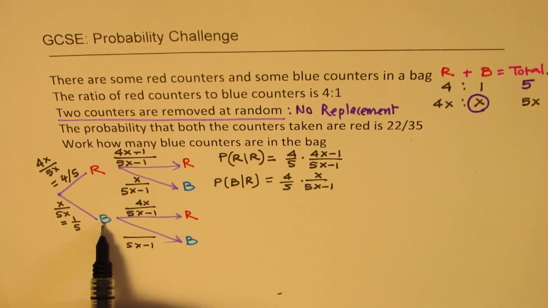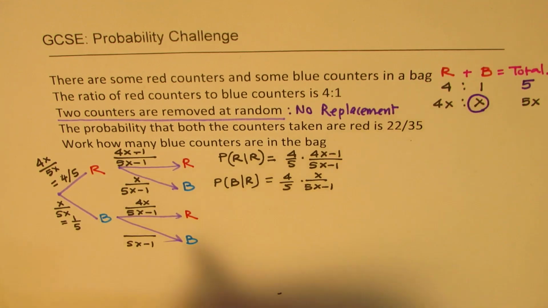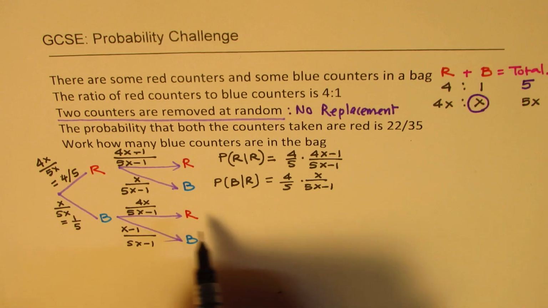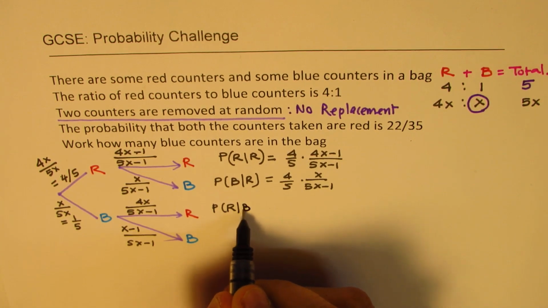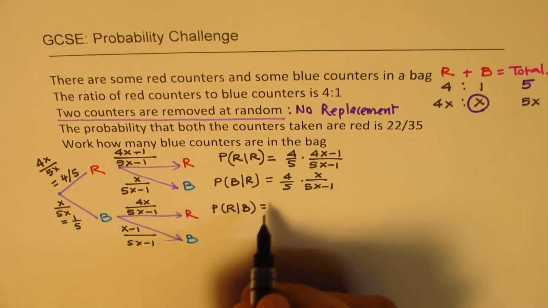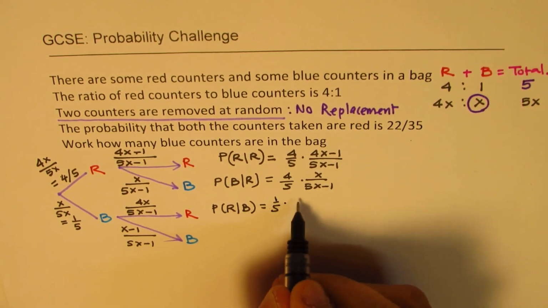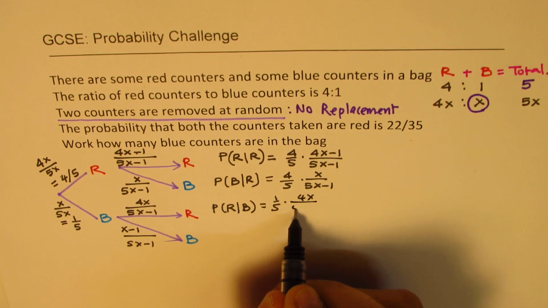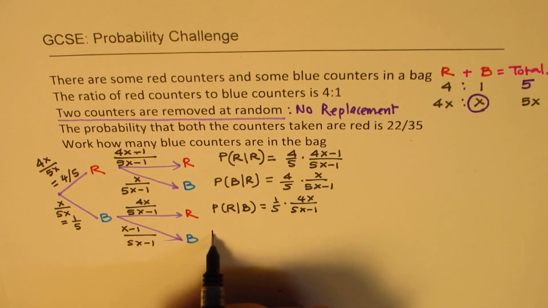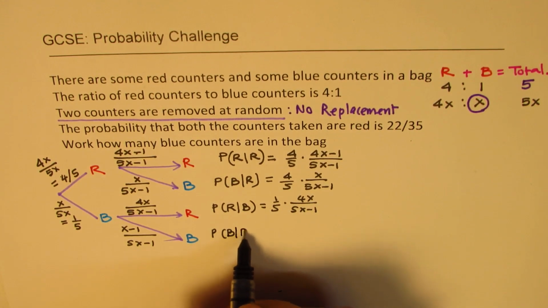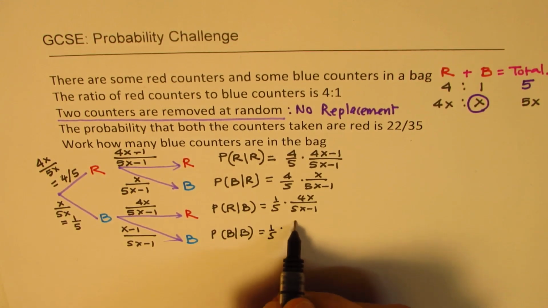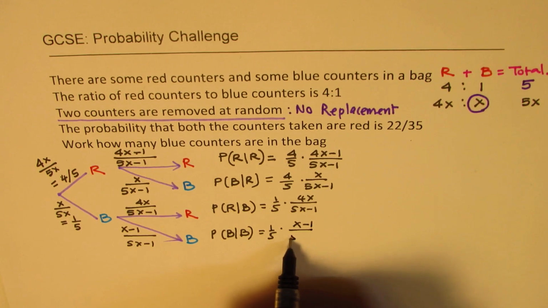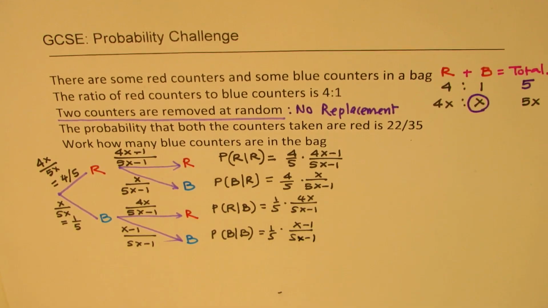Now since you've taken out blue, second blue means x minus 1. Right. So now we get our probabilities. Probability for taking out red when blue was earlier taken out is 1 out of 5 times 4x over 5x minus 1, and the probability for blue after blue is definitely 1 out of 5 times x minus 1 over 5x minus 1. Is that clear?